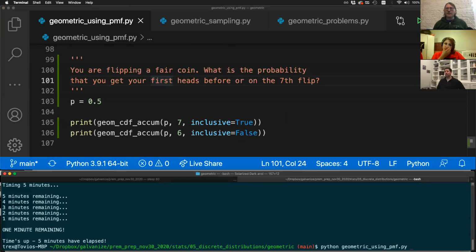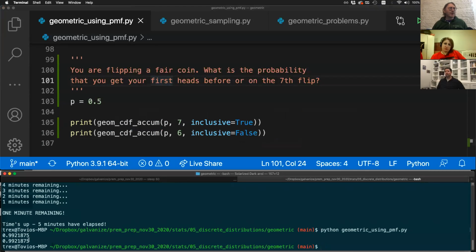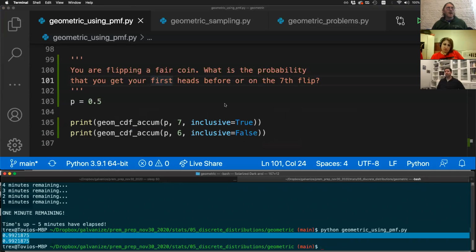So let's just look at that. That's pretty high, right? We're going to get a 99.2% chance that we're going to get a heads on or before the 7th flip. We're either going to get that on the first flip or the 2nd flip or the 3rd flip or the 4th flip. Like it is very likely.